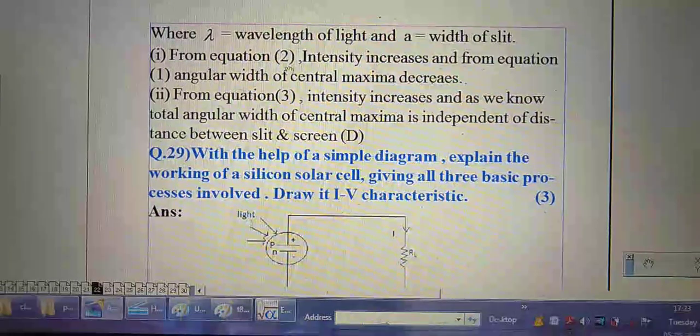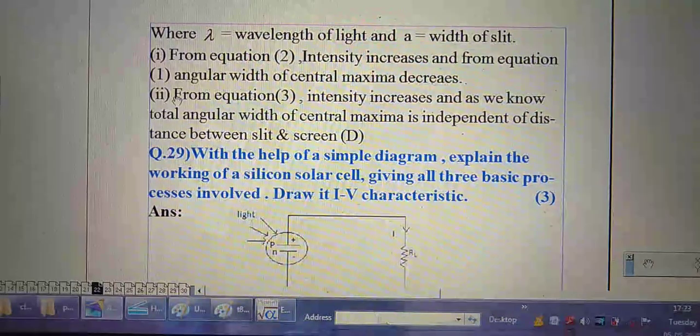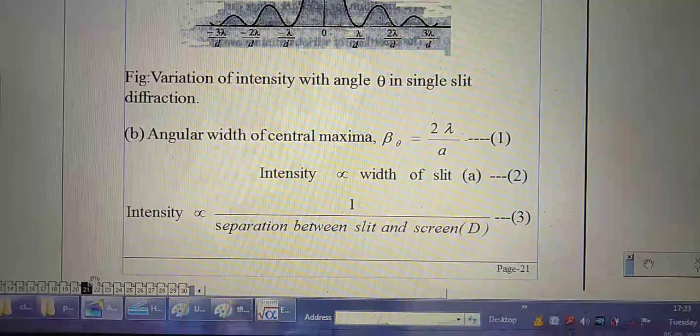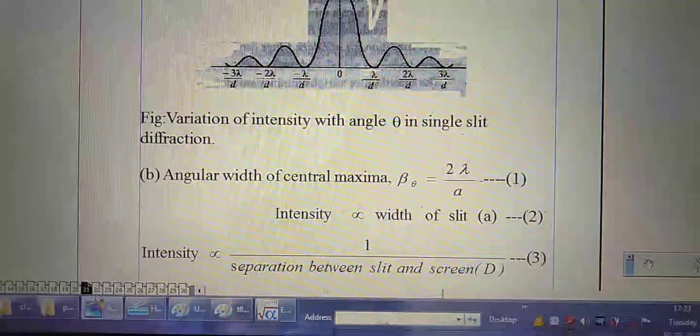From equation 2, intensity increases, because intensity is directly proportional to the width of the slit. As per the question, the width is increased, so intensity is increased.